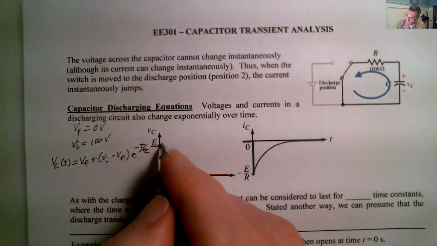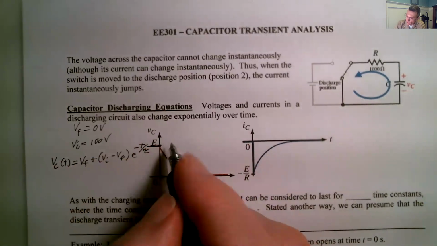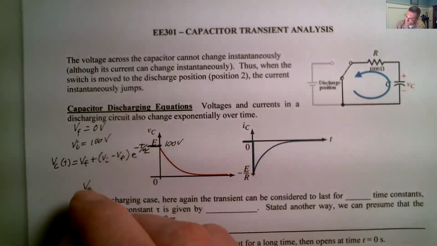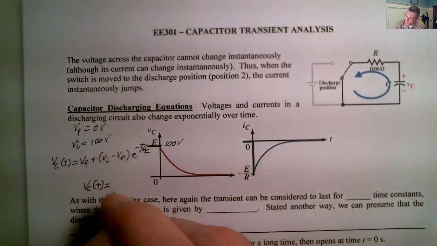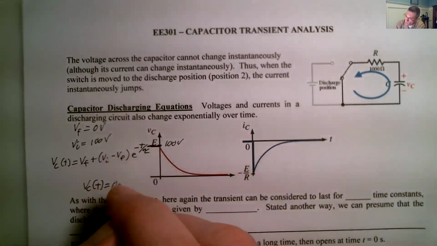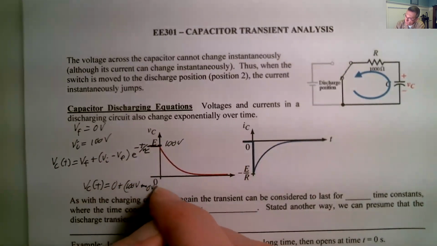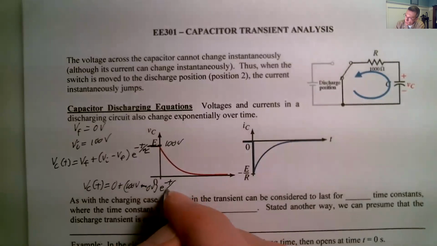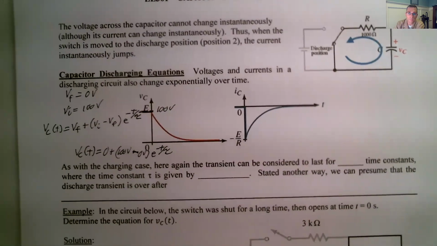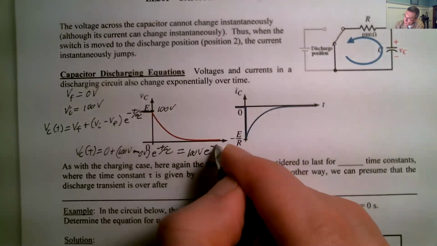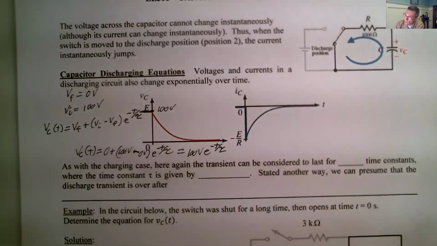In our case, we've got the E coming in on the left there. What's that at? That's at 100 volts. So our VC of t is going to be equal to 0 plus 100 volts minus 0 volts, e to the minus t over tau, which then becomes 100 volts e to the minus t over tau.